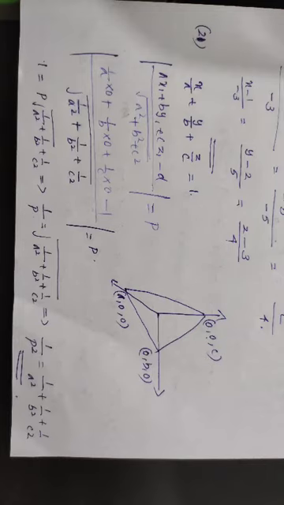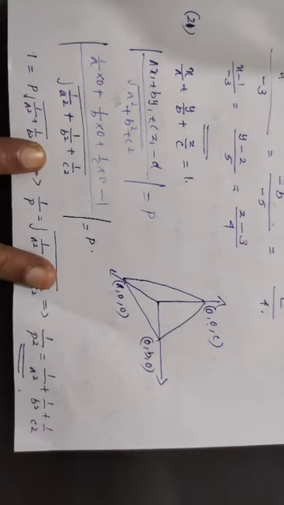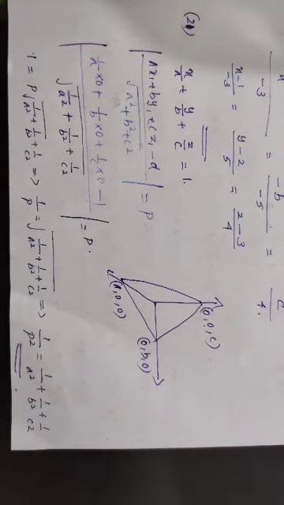Prove that if a plane has the intercepts a, b, c and is at a distance of p units from the origin, then 1/a square plus 1/b square plus 1/c square equals 1/p square. The condition is that the plane has intercepts. We know what intercepts are.